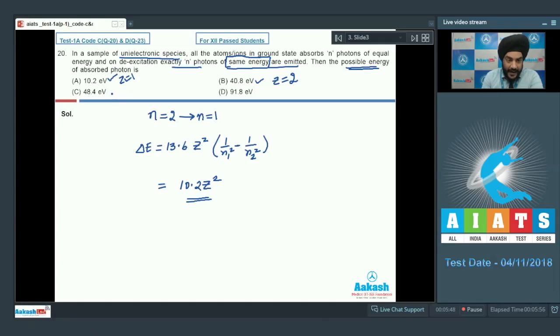This when divided by 10.2 will not give us a perfect square. So this cannot be the answer. Option D is also correct. When divided by 10.2, it shall give us a value equal to 9 and the value of Z shall be equal to 3. So students, the correct answer for this question are options A, B and D. Let us look at the next question.